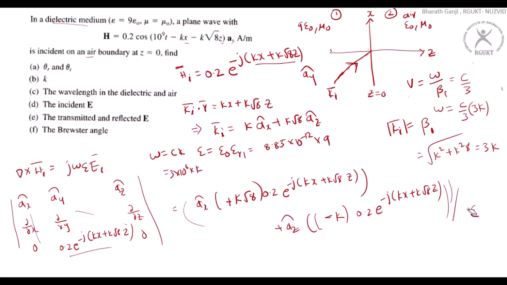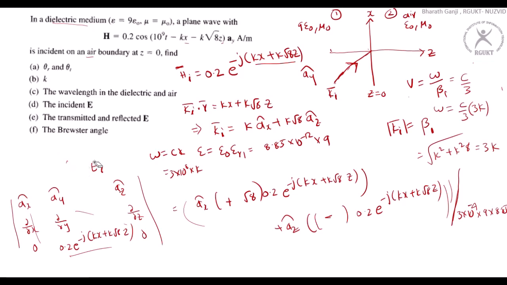Substituting it, you get 3 into 10 to the power of 8, and of course the k factor also cancels out. And you have 3 into 10 to the power of 8 into 9 into 8.85 into 10 to the power of minus 12. So I think you get 10 to the power of 4 minus 4. If you divide it, you get the electric field answer. So this is one way of calculating the electric field.